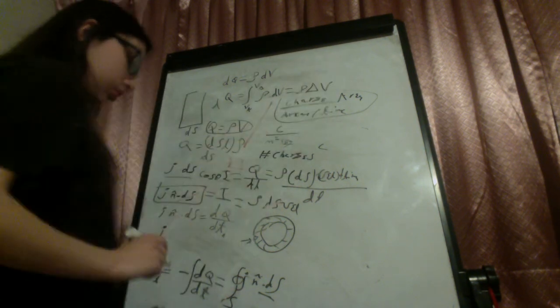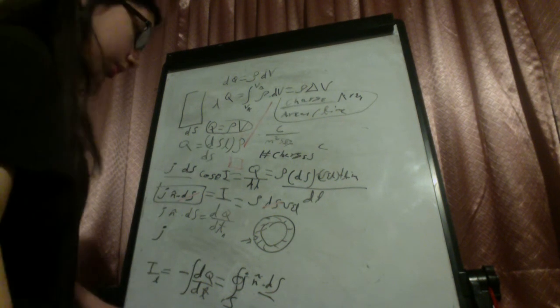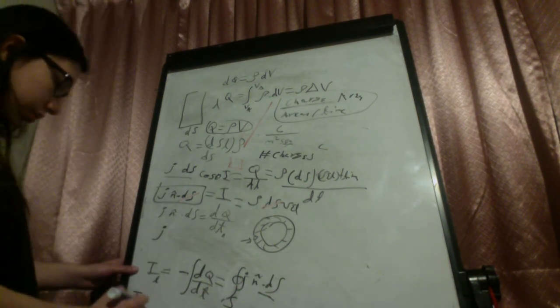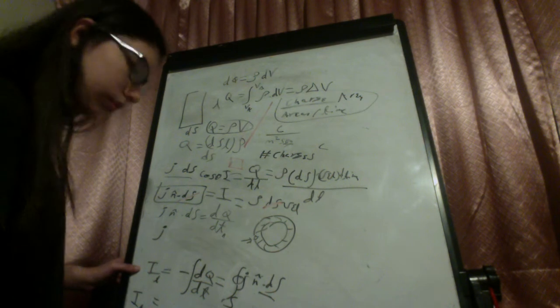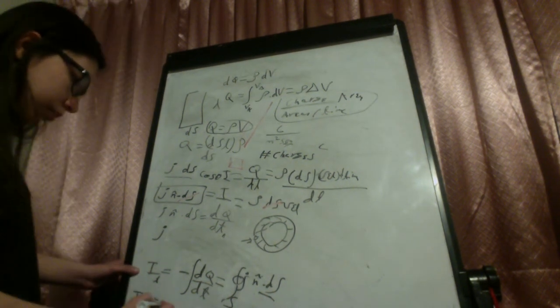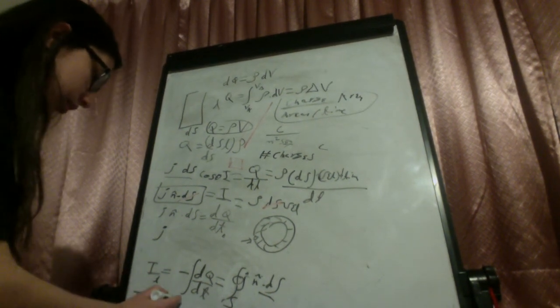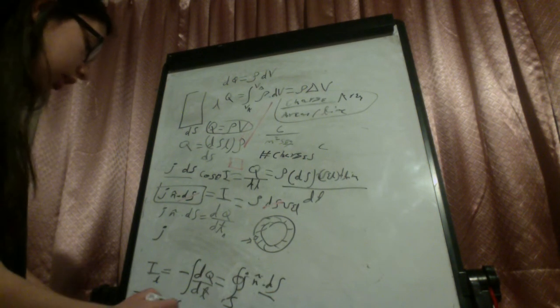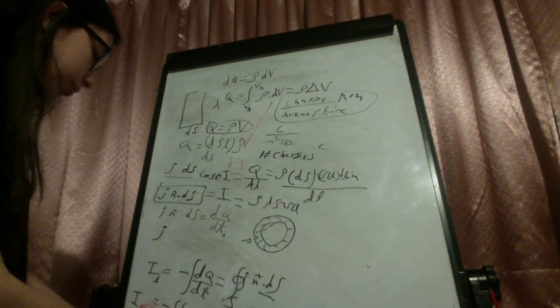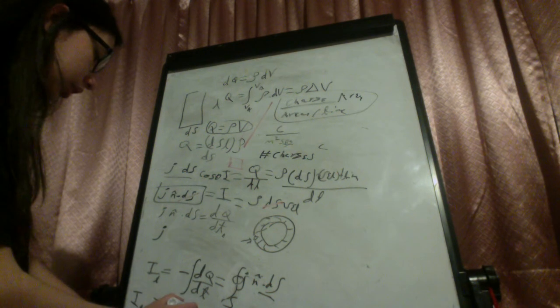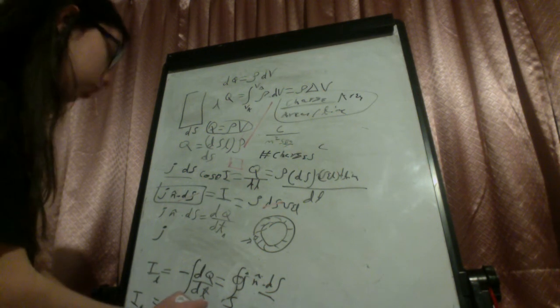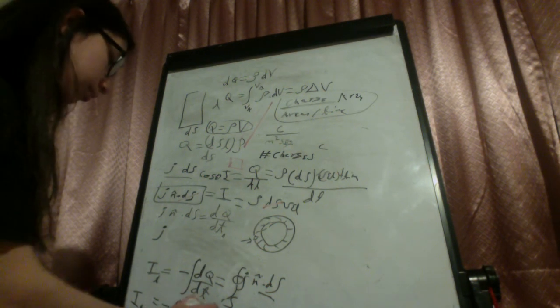So here I could also put it that the total current is equal to minus the volume integral, I could write three of these, volume integral of the density dV.